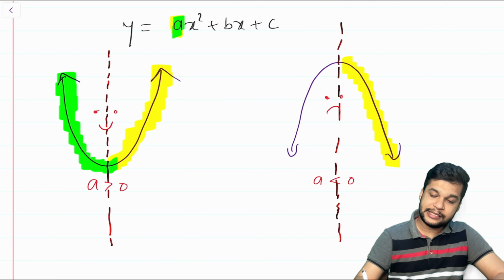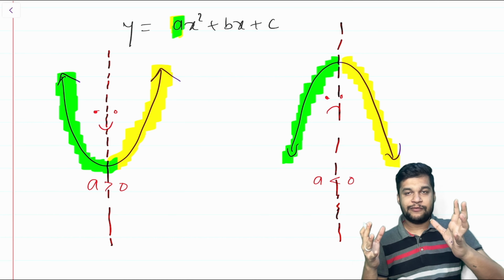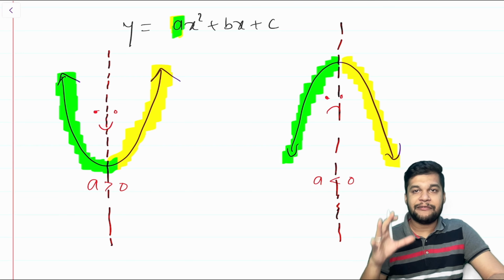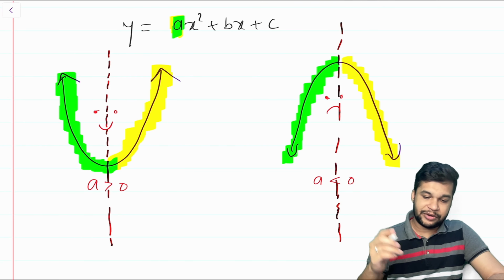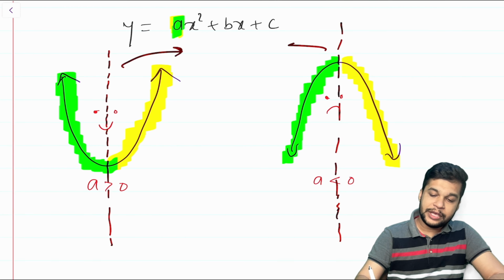If you compare the yellow highlighted part and the green highlighted part, they are exactly the same. The graph is symmetrical. So this line that I've drawn exactly in the center is known as the axis of symmetry.